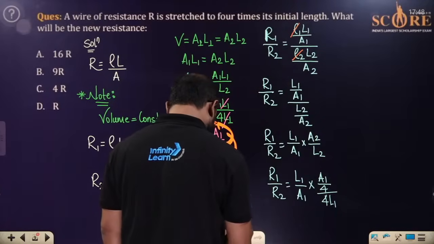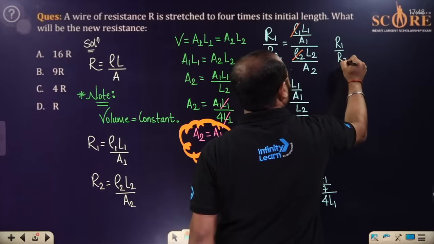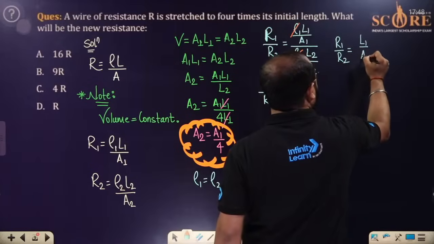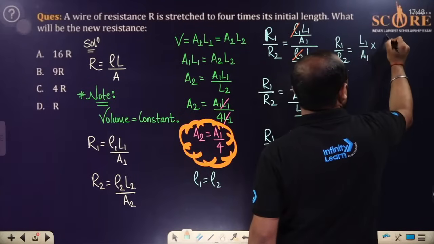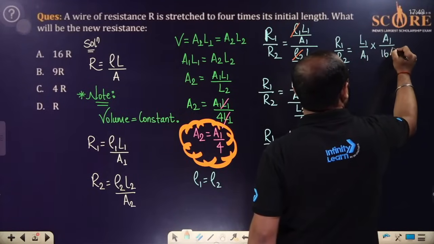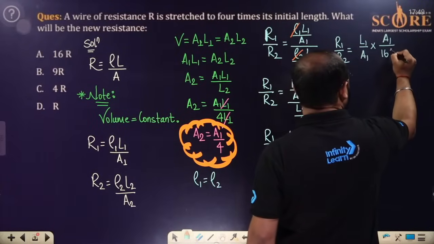Fine. In this particular case, what else can we write? R1 by R2 will be equal to L1 by A1 multiplied by A1 by 16 L1.